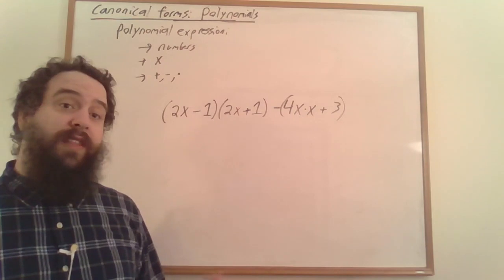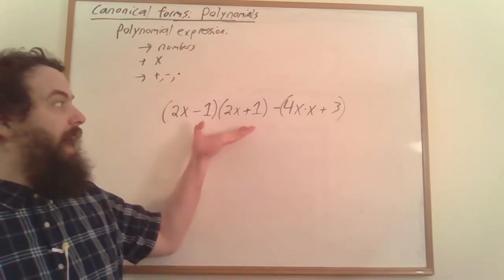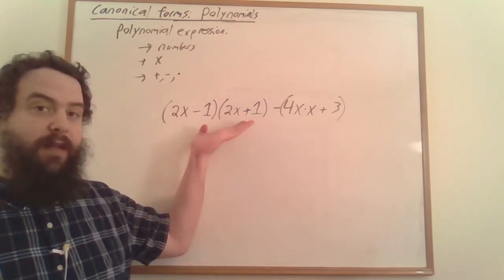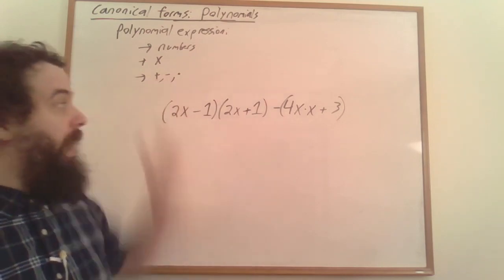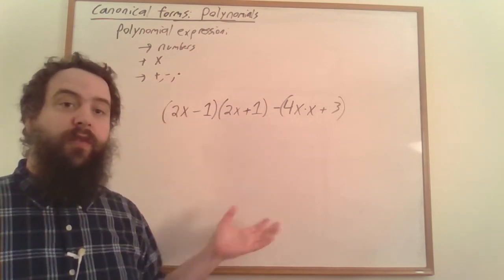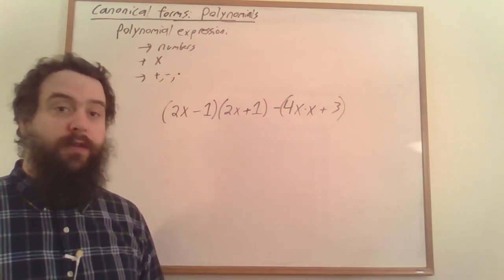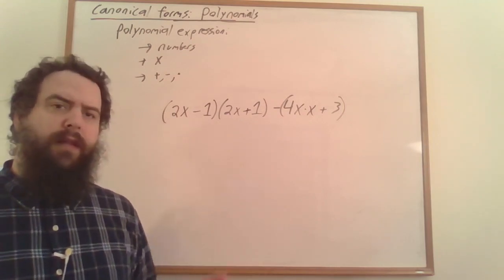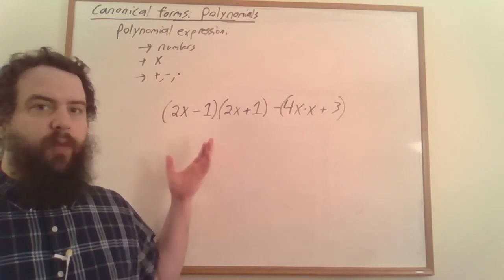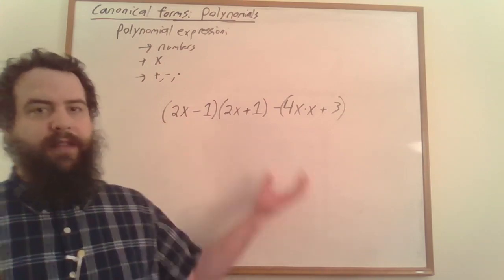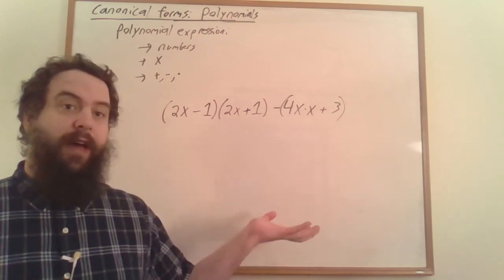So the question that I'm interested in is, if we have another polynomial expression that's also been recursively built up in this way, how do I tell if these two polynomial expressions are equal to each other? In the sense of real polynomials, in that if we plug in any value for x into one expression and we plug it into the other expression, we're going to get the same values as a result.